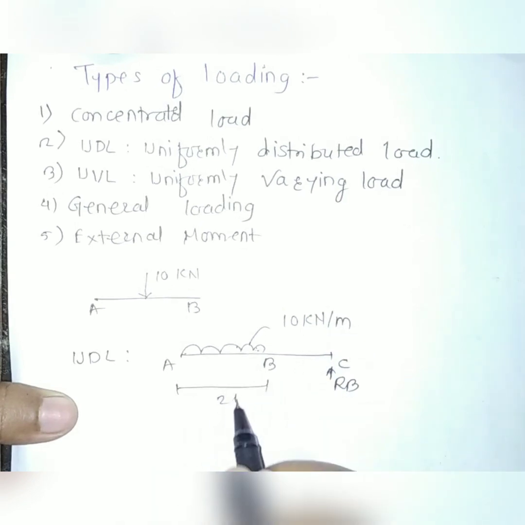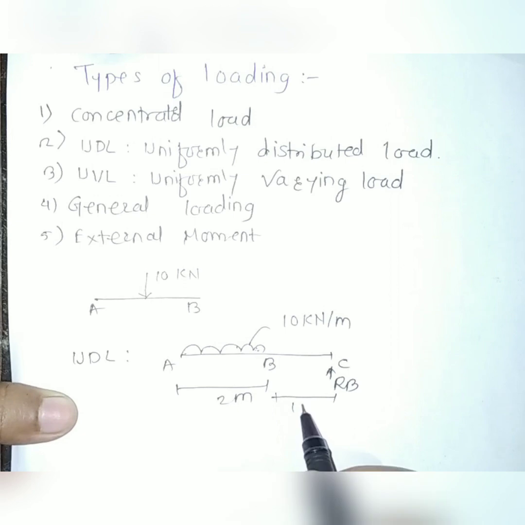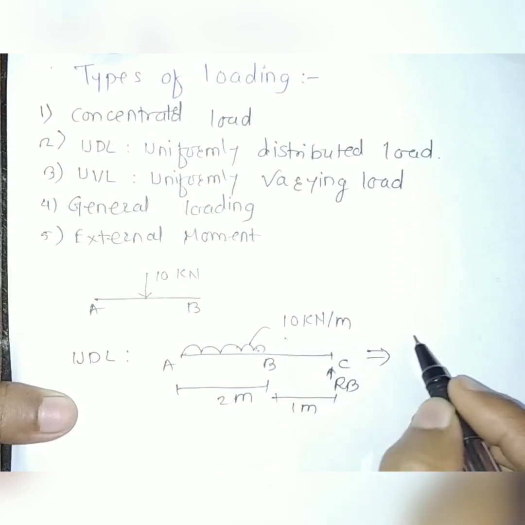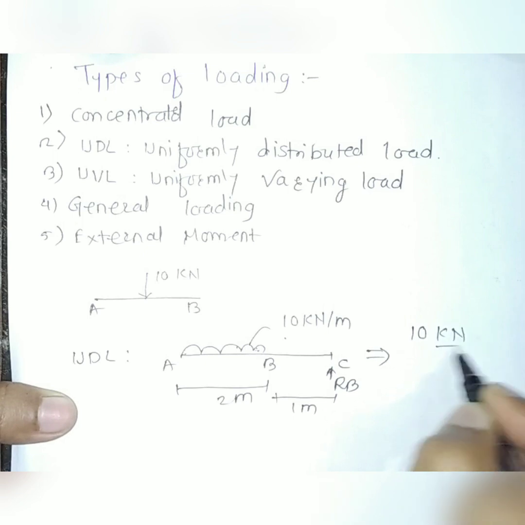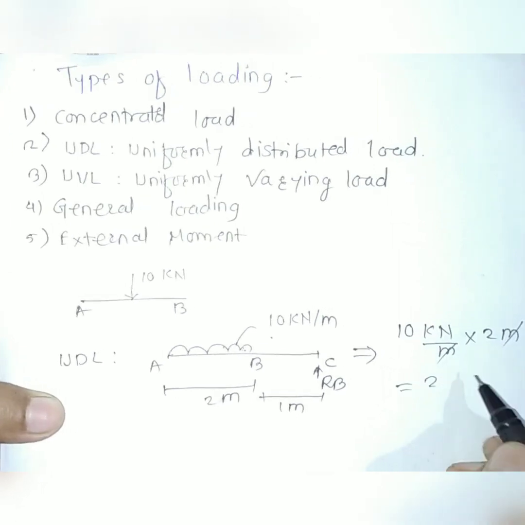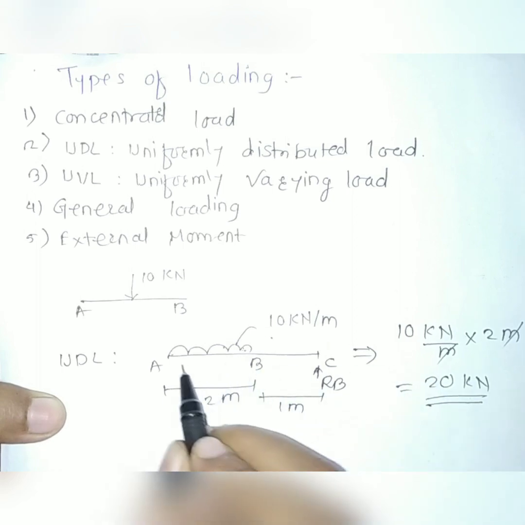Suppose this distance is 2 meter and this distance is 1 meter. So the intensity for this particular UDL is 10 kilonewton per meter into 2 meter. So meter gets cancelled and 20 kilonewton is the load acting over a span AB.